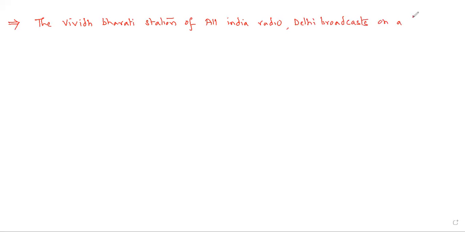The Vivid Bharati station of All India Radio Delhi broadcasts on a frequency of 1368 kilohertz.